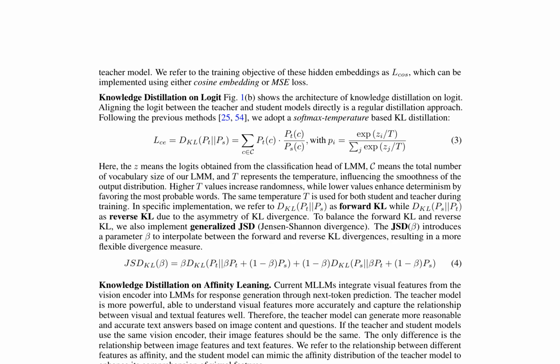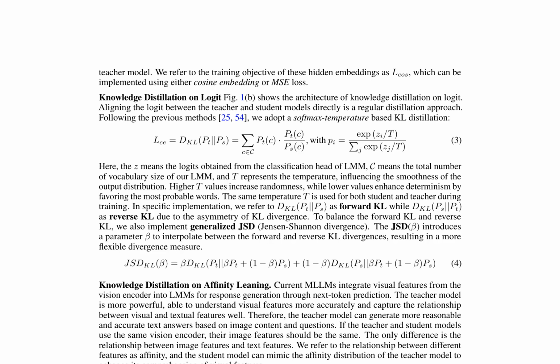Knowledge distillation on the logit approach aligns the logits between the teacher and student models directly. The softmax temperature-based KL distillation is adopted, with the loss function defined as the Kullback-Leibler, KL, divergence between the teacher and student models. The temperature parameter T controls the smoothness of the output distribution, with higher values increasing randomness and lower values enhancing determinism.